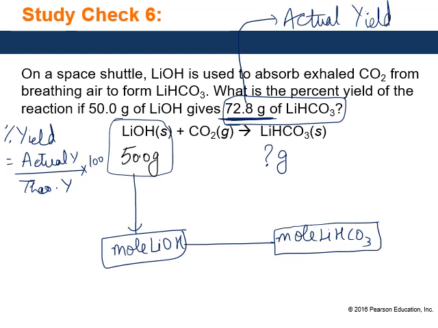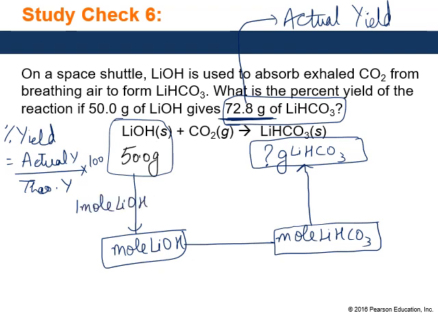And then you can convert moles of LiHCO3 into grams of LiHCO3. The conversion factor here is molar mass. 1 mole of LiOH, if you calculate it, would be 23.95 grams. How? You simply add 1 lithium, 1 oxygen, 1 hydrogen, mass from the periodic table.